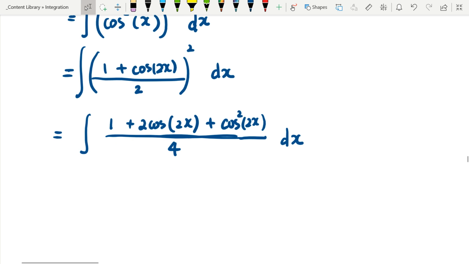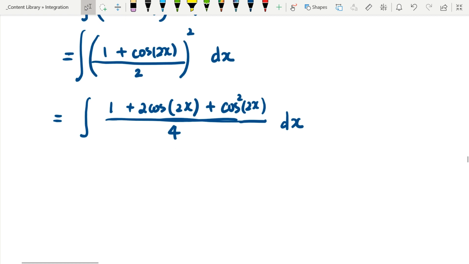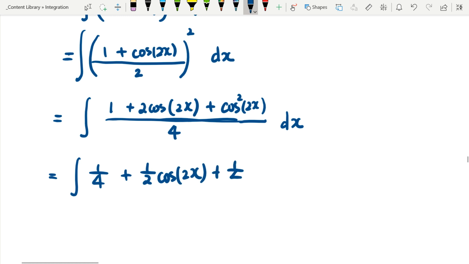Okay, the cosine squared 2x is where the problem occurs. I can't antidifferentiate the square one, so I need to use the double angle formula again to convert that. So I will separate like that. That's a quarter plus a half cosine 2x plus a quarter.